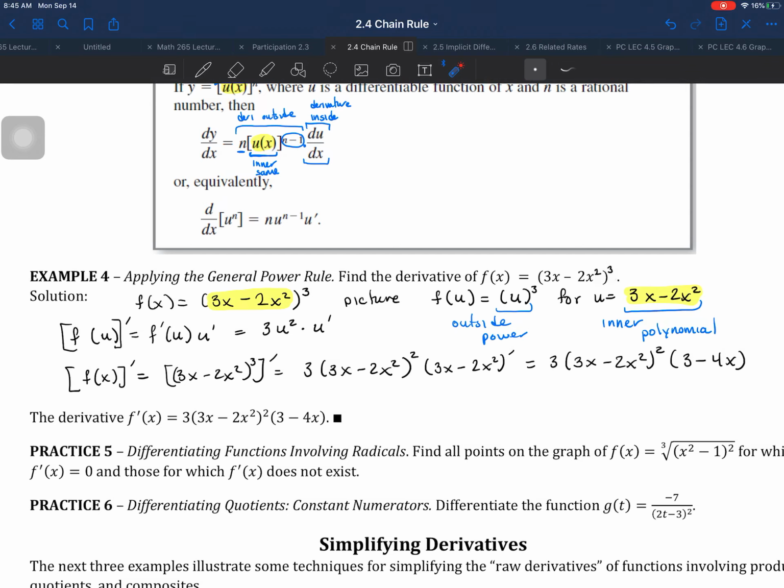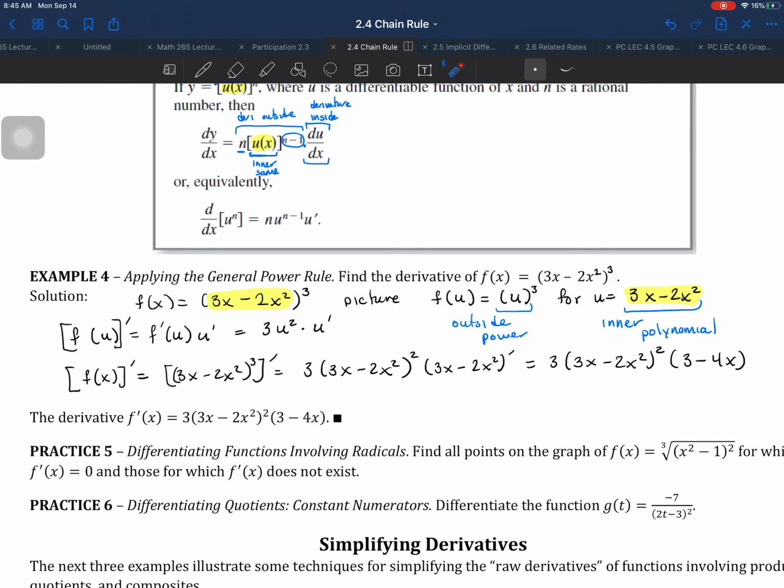So if I take the derivative of f of u, and I'm taking the derivative of the whole thing, then that will be the derivative of the outside. You see how I put the mark right there? That means that this is the derivative of the outside, leaving the inside as it is, multiplying by the derivative of the inside. If I do the derivative of the outside, that will be, obviously, the derivative using power rule.